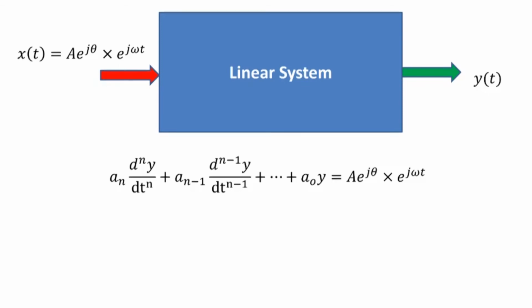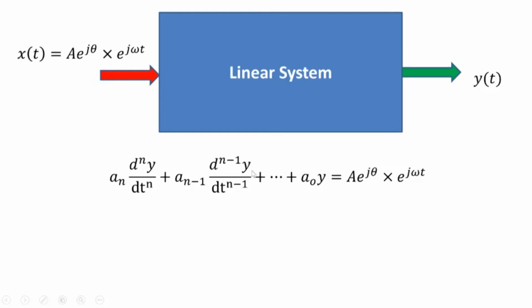So in general, this linear system will be characterized by this differential equation here. The system is characterized by this part here, and this is being driven by an input which is A e^(jθ) times e^(jωt). We're exciting it, this is the input part here, and y is my output part here, right?